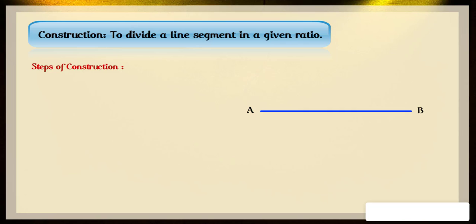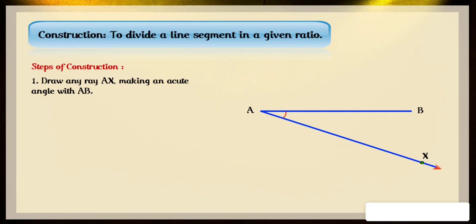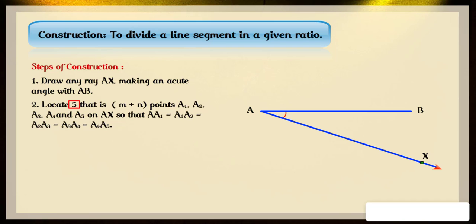Steps of construction. 1. Draw any ray AX, making an acute angle with AB. 2. Locate 5, that is m plus n points A1, A2, A3, A4 and A5 on AX so that AA1 is equal to A1A2 is equal to A2A3 is equal to A3A4 is equal to A4A5. 3.